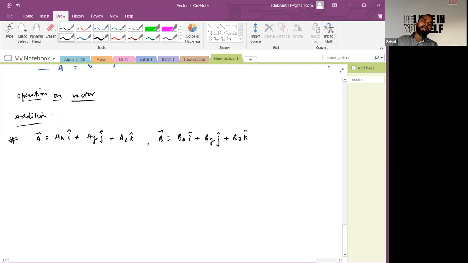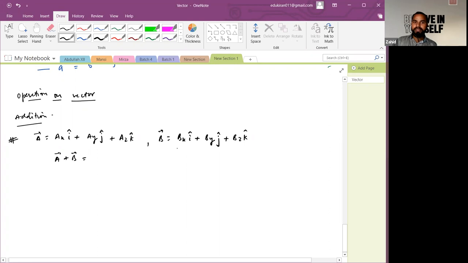So if you want to add these two, A plus B, according to the principle of homogeneity, same or like terms will be added together. So in this part, I will say components of the same term will be added or subtracted. Let's say in first vector A, we have Ax as the i component or X component.